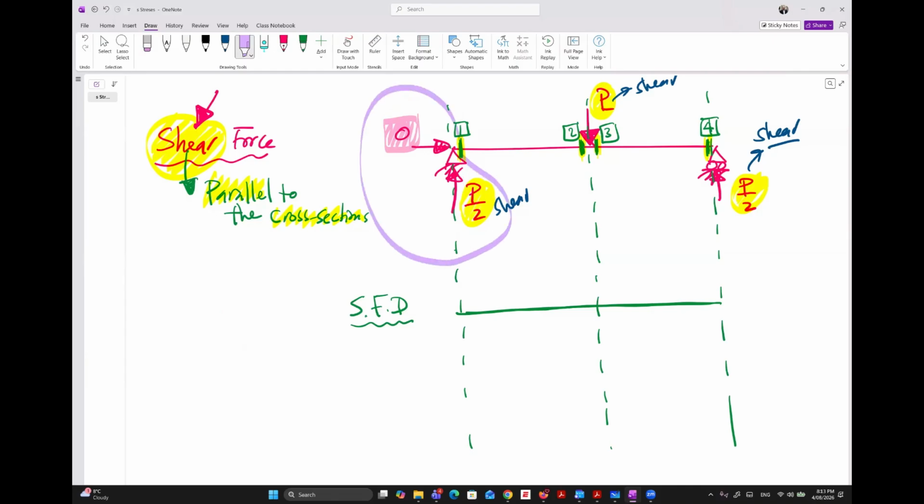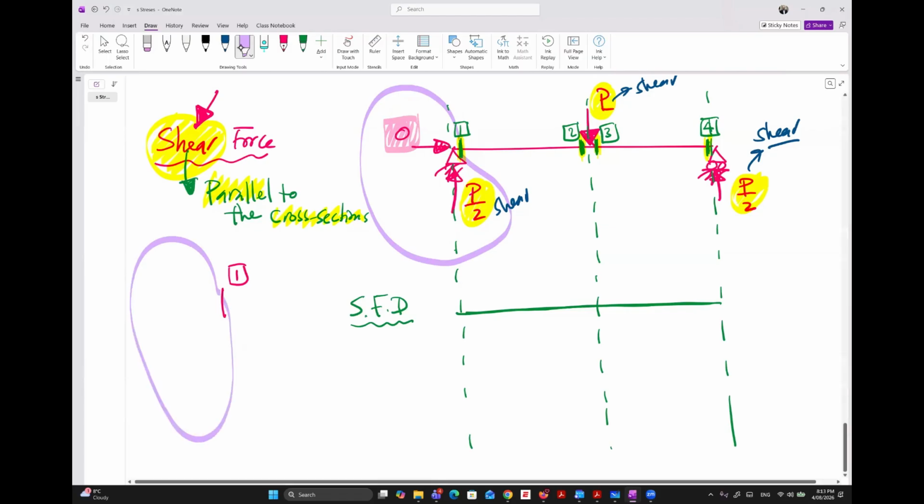So to the left of cut number one, we have one force here, which is B over 2. So what is the shear at cut number one?